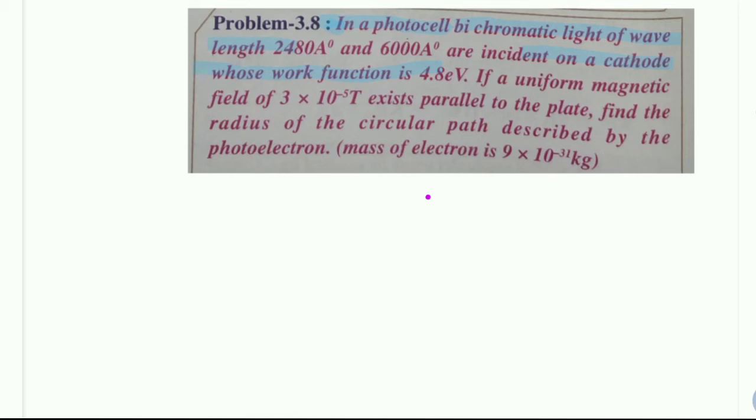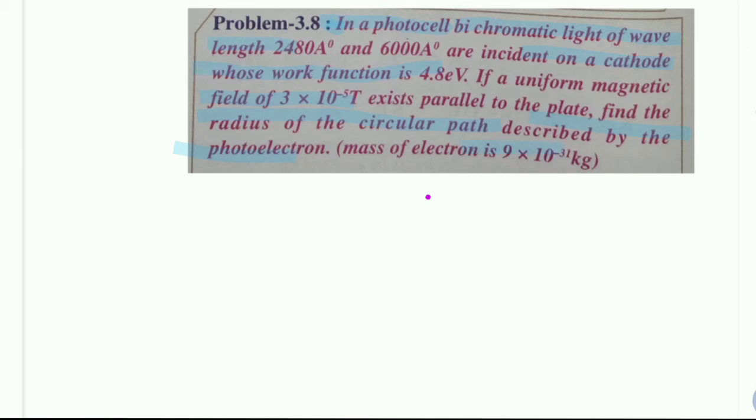If a uniform magnetic field of 3 into 10 to the power of minus 15 Tesla exists parallel to the plate, find the radius of the circular path described by the photoelectron. Mass of electron 9 into 10 to the power of minus 31 kg.